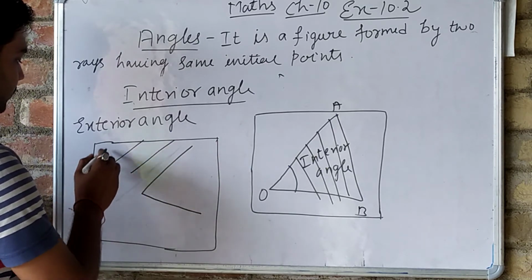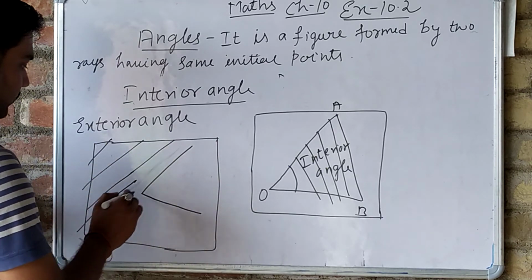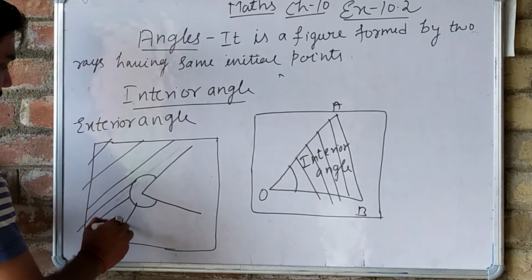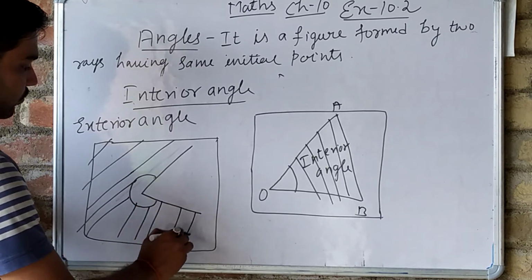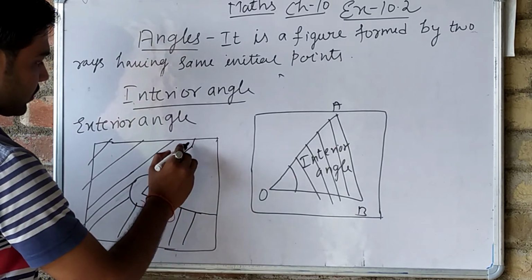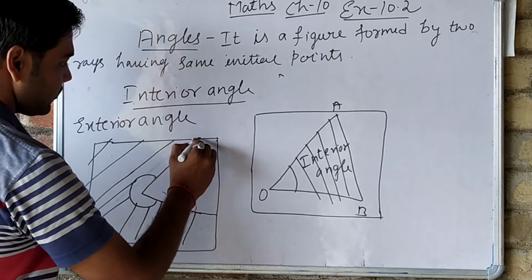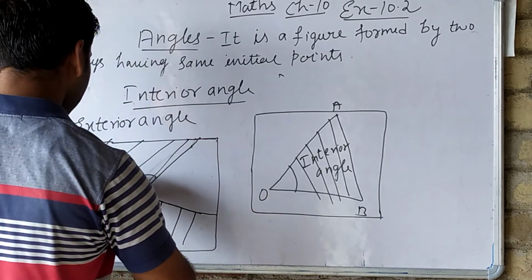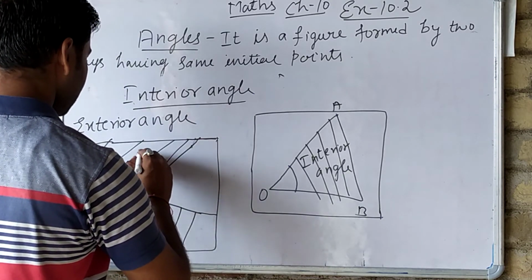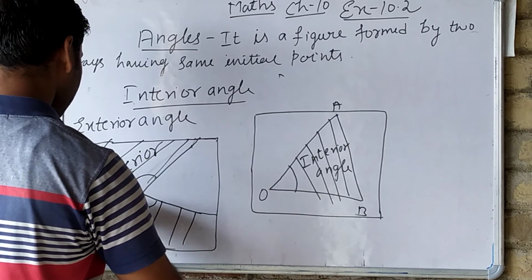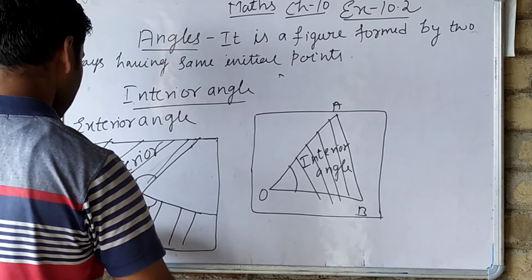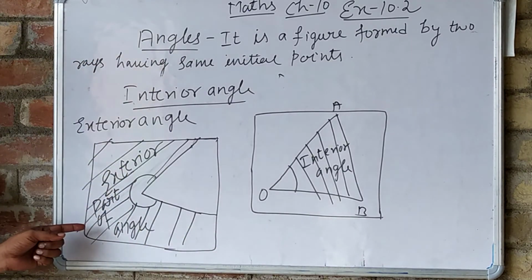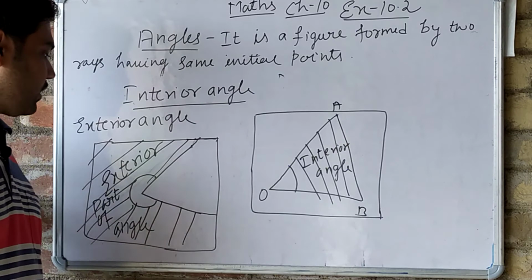That means this part is the exterior angle. All these points are in the exterior angle. So this is the exterior part of the angle.